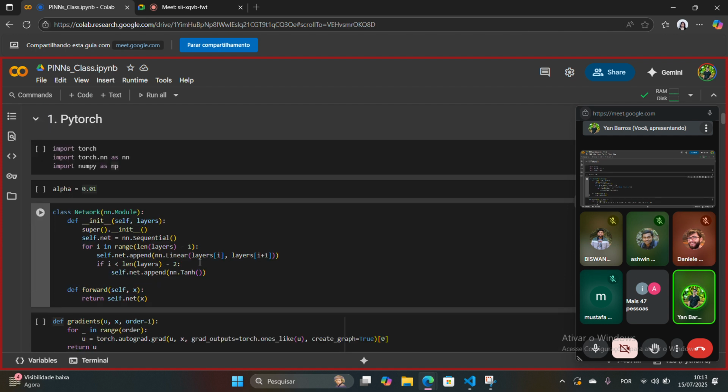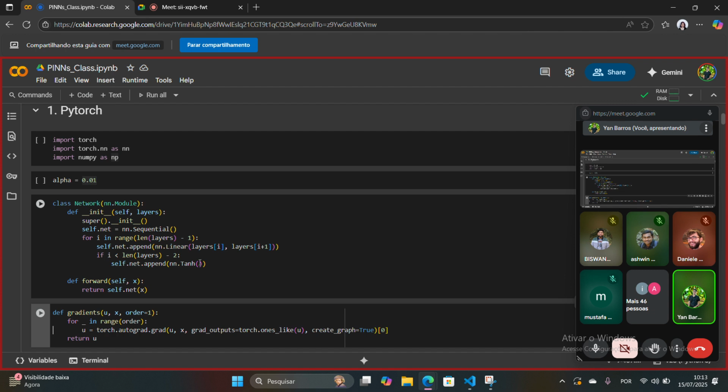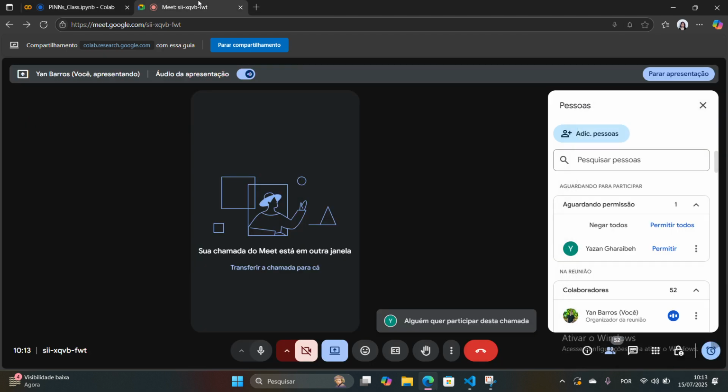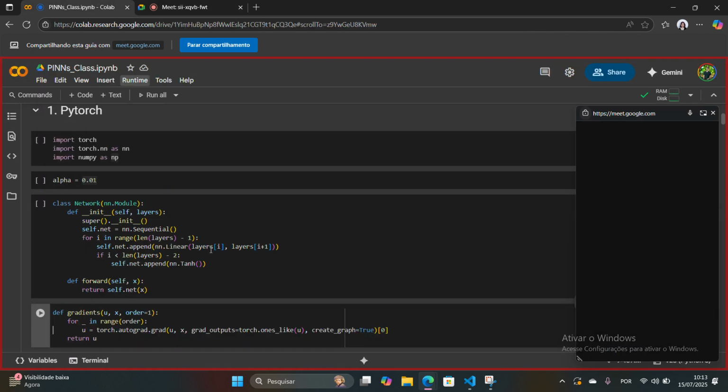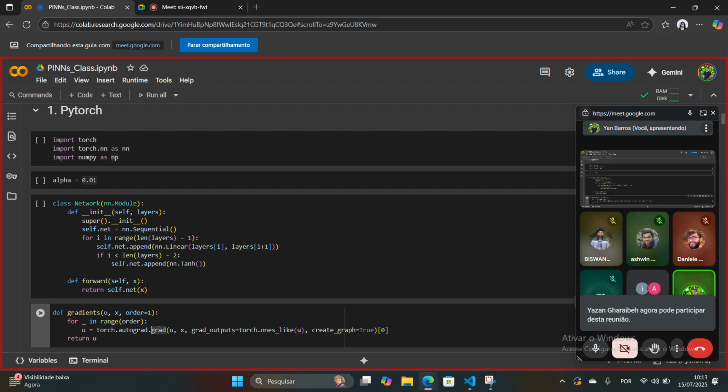So it's an MLP here. The main point for building this is that we can use the torch autograd functions for calculating the differential parameters inside of this. Instead of using NumPy or any other way of calculating the gradients here, we are using PyTorch autograd functions to calculate this.